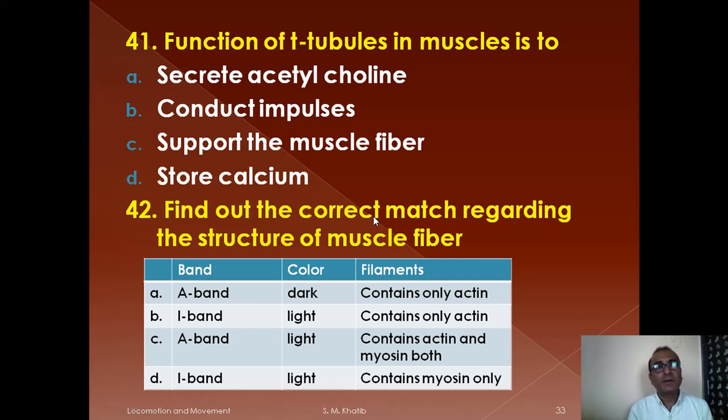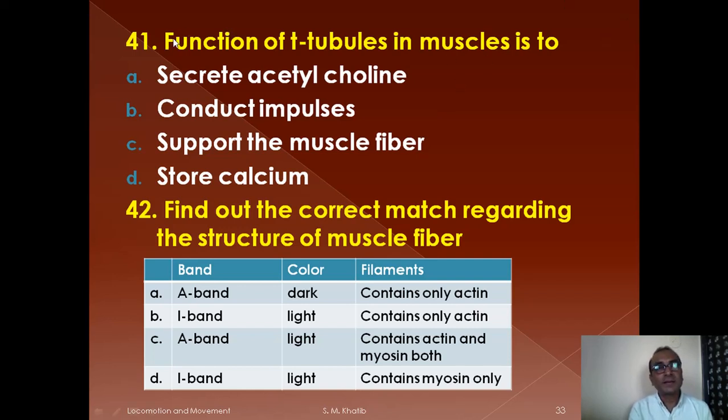Question number 41. Function of t-tubules in muscles is to. T-tubules you have studied through the earlier video lecture where I have explained how the t-tubules help in muscle contraction, that is passing on the action potential to the sarcoplasmic reticulum.